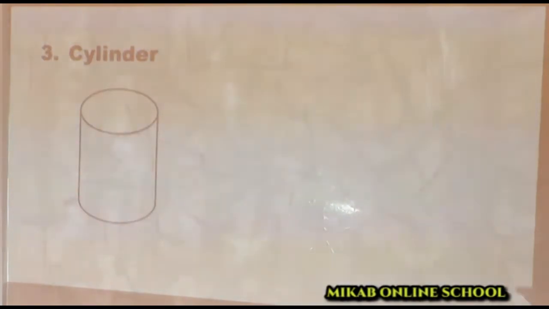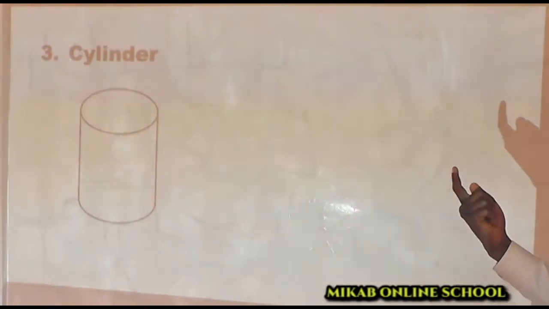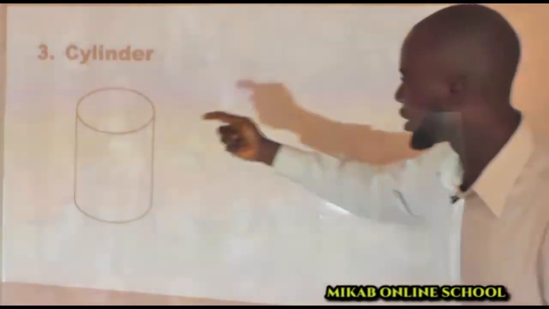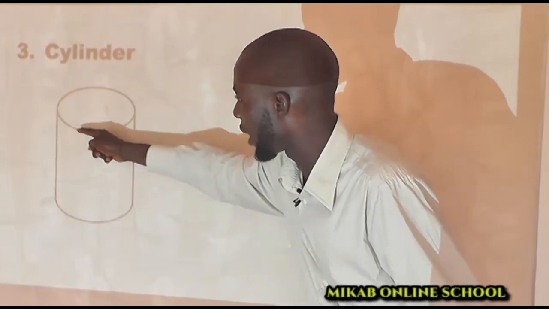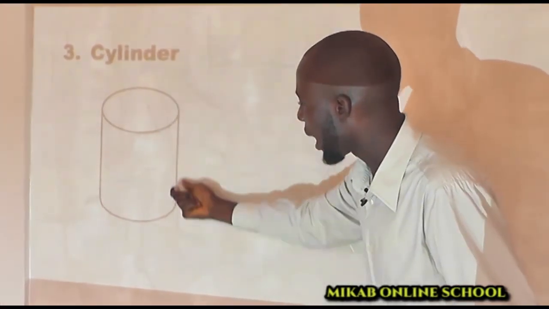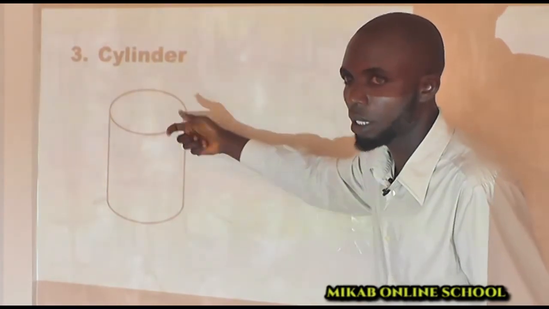The next example is a cylinder. A cylinder has a circular surface. This is the circular surface of the cylinder, and it has a height above the ground.